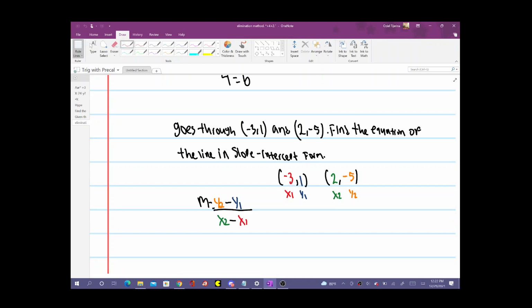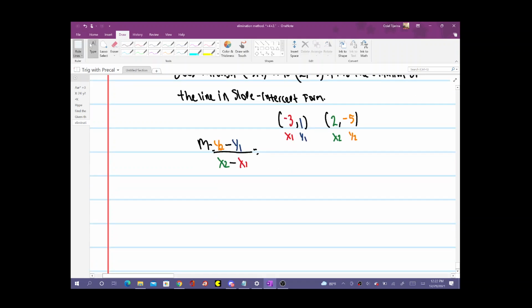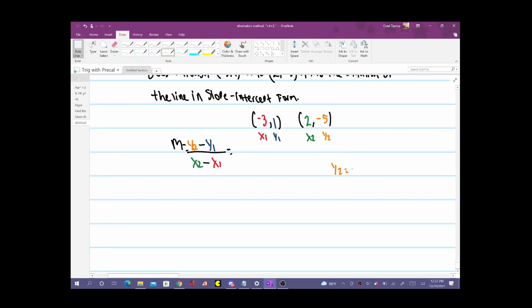So we said y2 is -5, so we're going to write it down. y2 equals -5. We said x2 equals 2. We said x1 equals -3. And we said y1 was 1, so y1 equals 1.